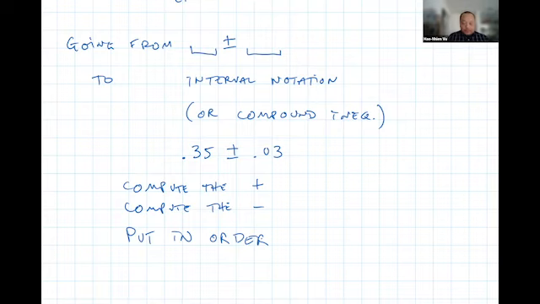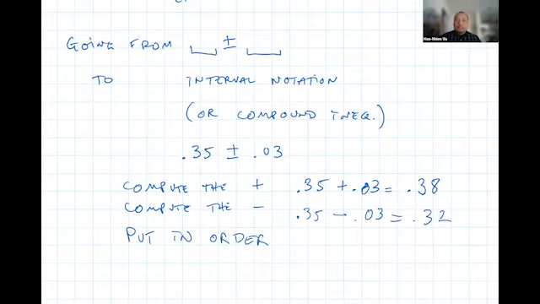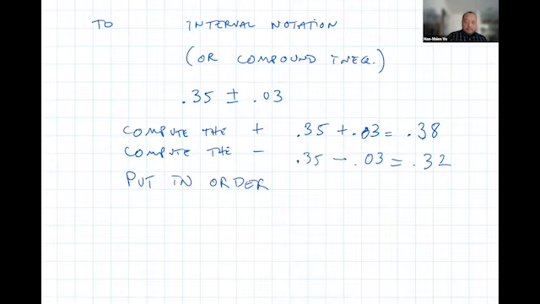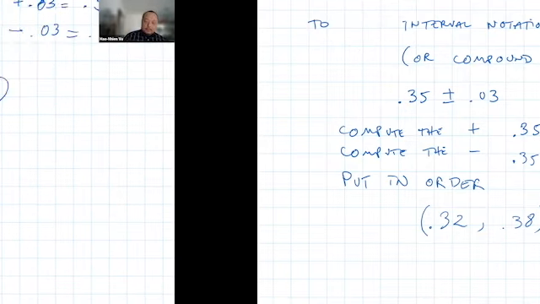It says plus or minus, so first I compute the plus: 0.35 plus 0.03 is 0.38. And the minus: 0.35 minus 0.03 is equal to 0.32. And then I put them in order. 0.32 is smaller, so it comes first, comma, 0.38, and parentheses. So I got my interval notation.